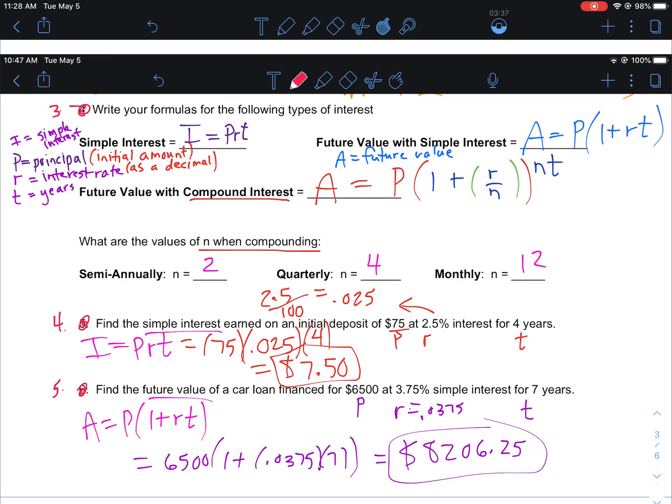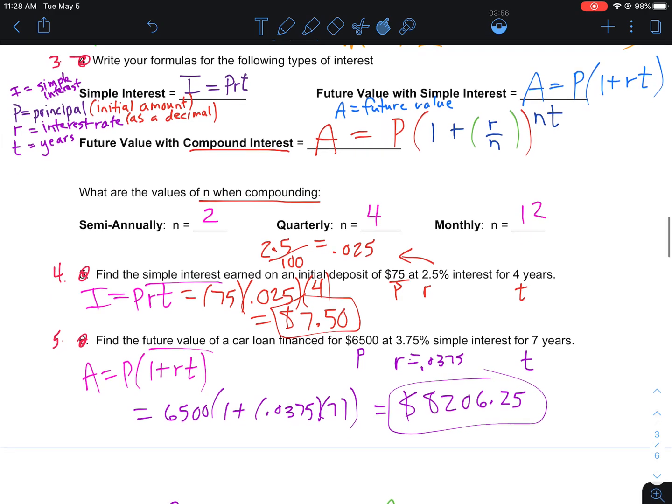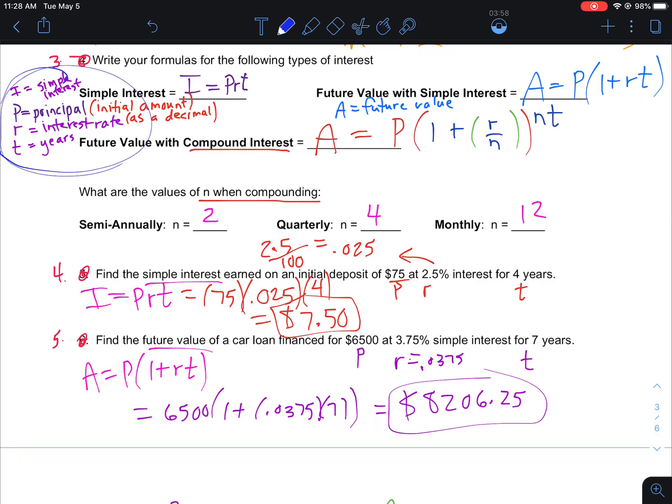All right, another thing we did was different types of interest formulas. Now, right here, you can see simple interest. That's if I just want to know the interest made, which is always a small amount and some amount added on to the principal. And that formula is just PRT. And if you forgot what any of these things stand for, that's what this part is over here, reminding you what everything stands for.